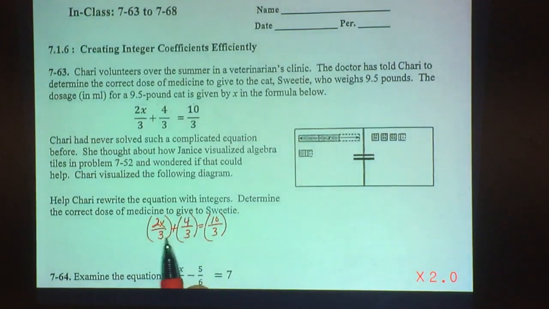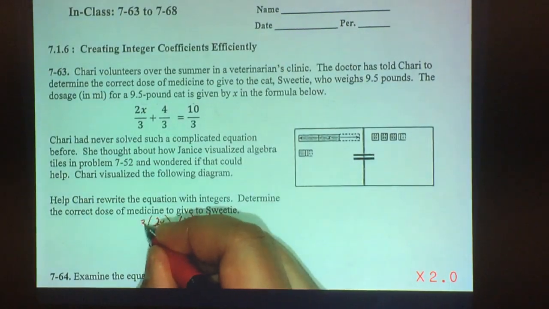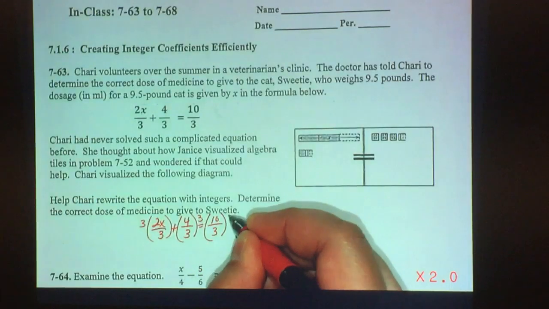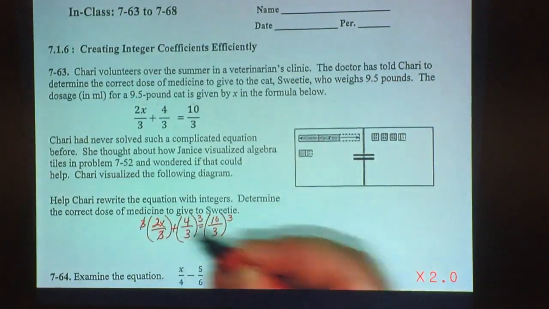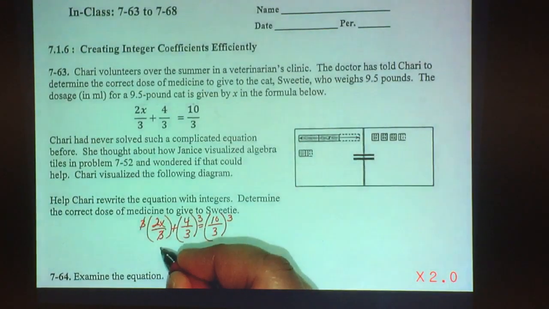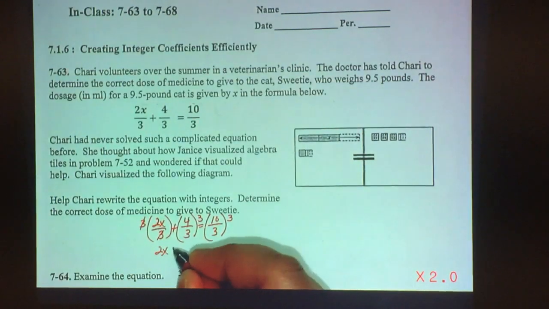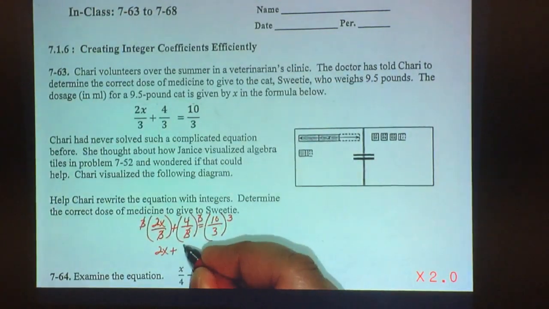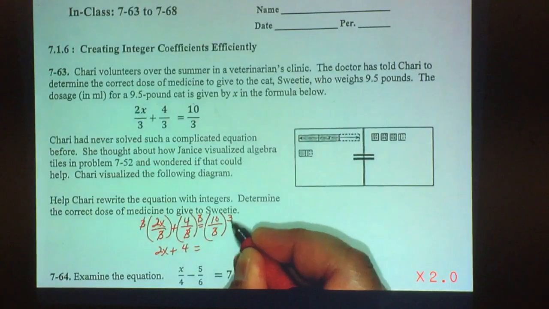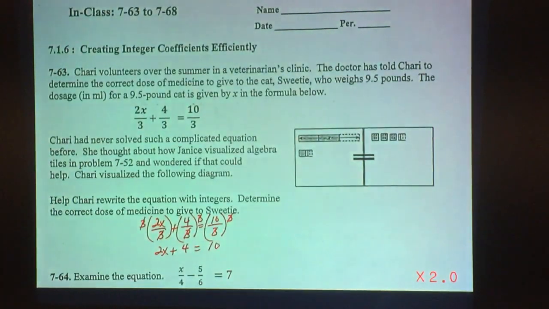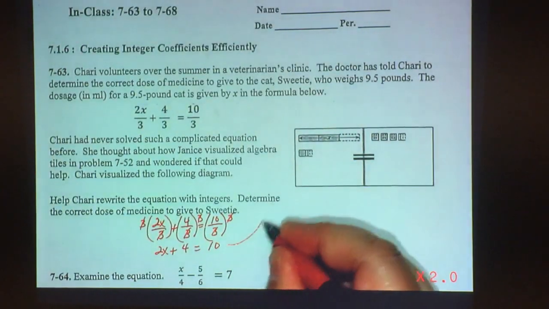And we got lucky because all of these have the same denominator of 3. So I'm going to multiply each of these by 3. So look, there's a giant 1, and I'm left with 2x. There's a giant 1, and I'm left with 4. And there's a giant 1, and I'm left with 10. So we will just copy this over here.